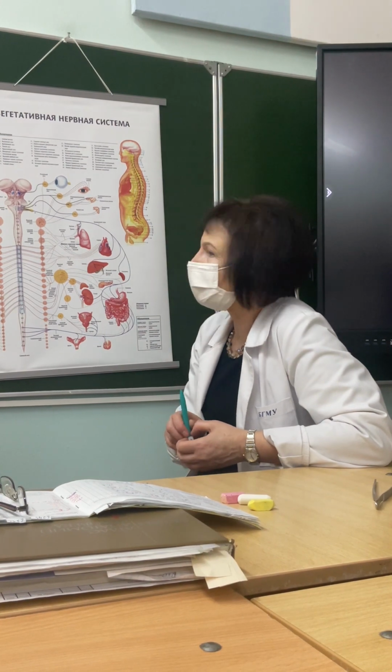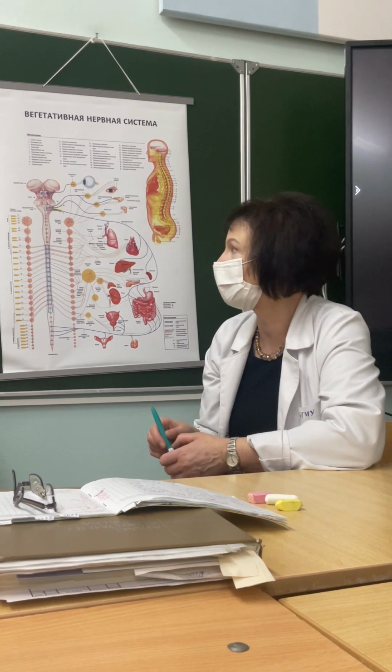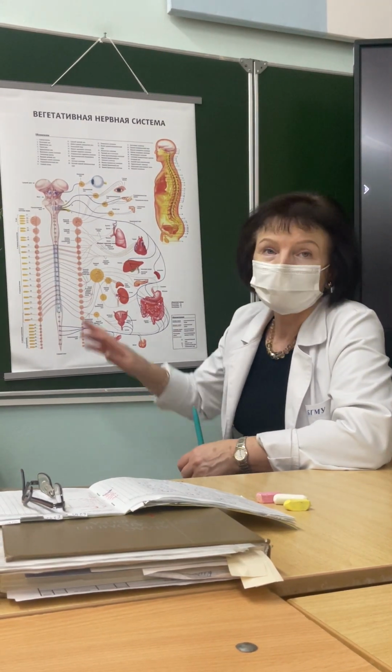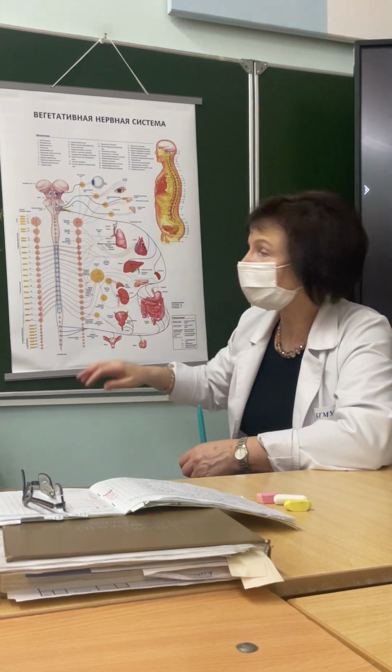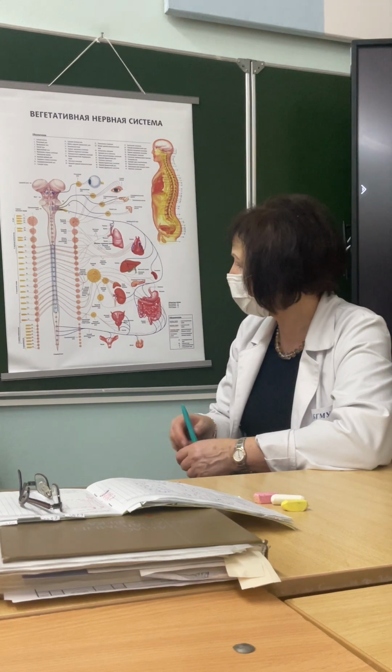Okay, so what else? Afferent pathway. The visceral nervous system has an afferent part also. Efferent we described. What about afferent? So afferent fibers run in the opposite direction, from the periphery to the center. And which pathway can it be?